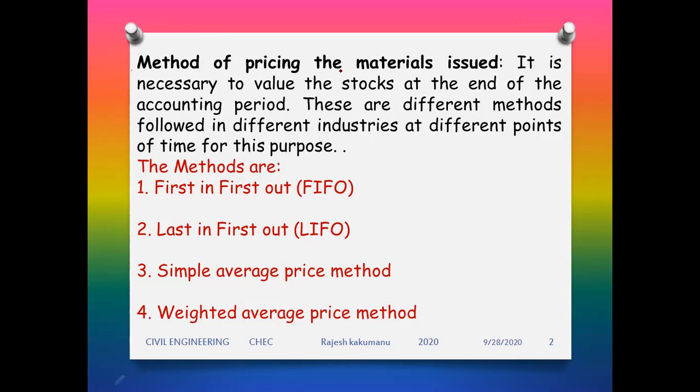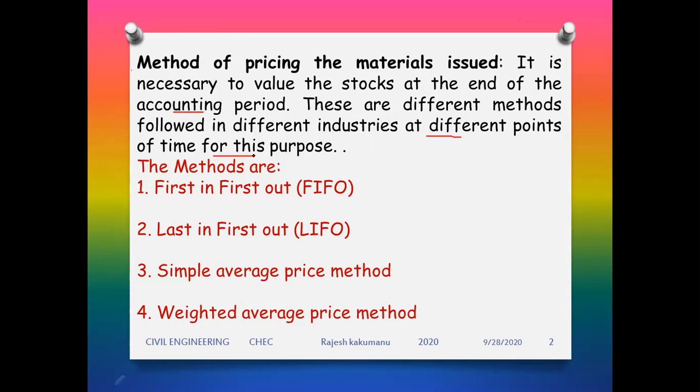Generally, for a stock at the end of the accounting period, it is necessary to give the value. It is necessary to value the stock at the end of the accounting period. So there are different methods followed in different industries at different points in time for this purpose.